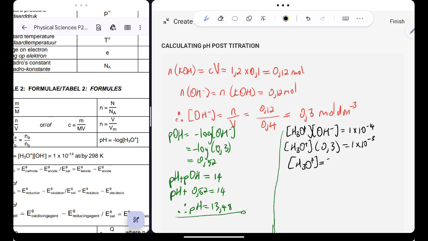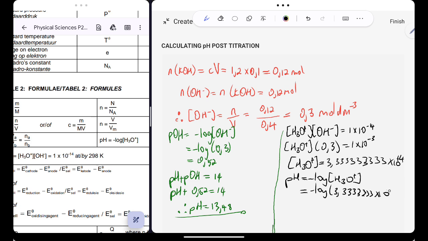I'll simply get 3.333 times 10 to the negative 14 moles per cubic decimeter. So therefore my pH will be equal to negative log of the hydronium ions, which is negative log of 3.3333 times 10 to the negative 14.